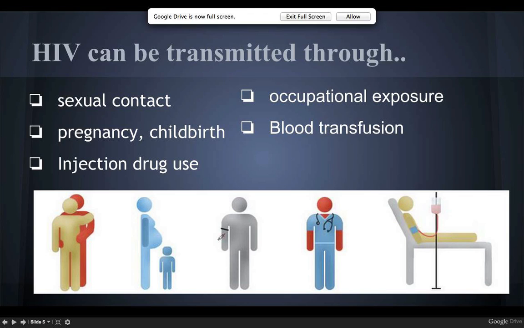Also in hospitals it is very common, it's called occupational exposure, like with needles that are infected or some other things infected. Or some workers, for example prostitutes, have a high risk of getting HIV because of their jobs.